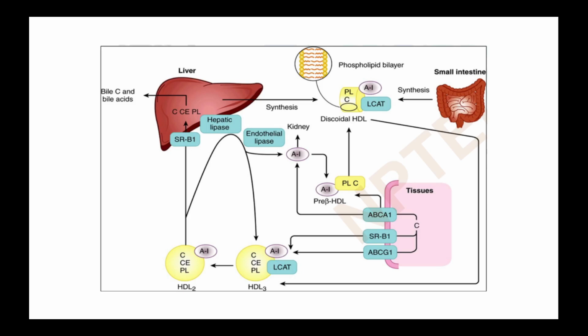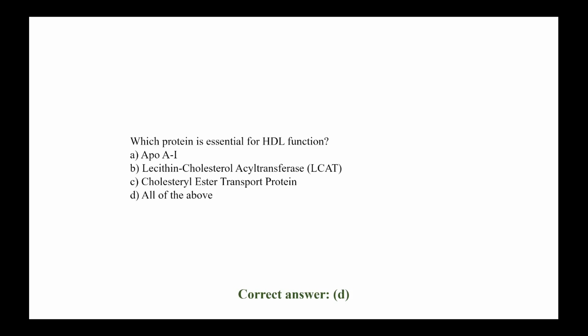Okay, so all the proteins, ApoA1, lecithin cholesterol acyltransferase, and cholesterol ester transport protein, all three proteins are required for the HDL function. Any defect in any of these proteins will lead to some metabolic disorder.